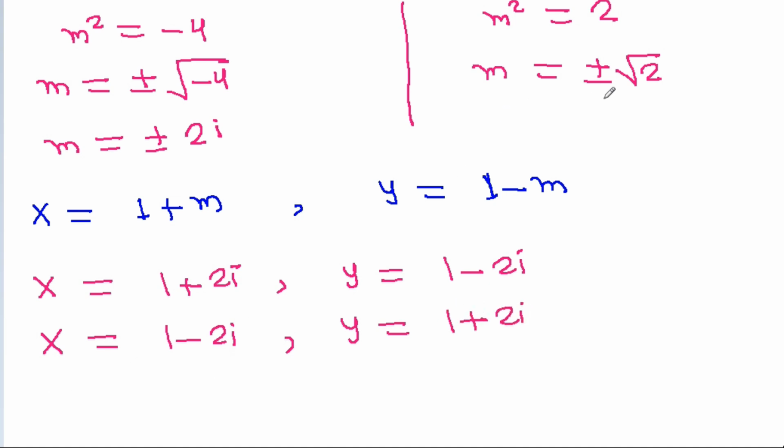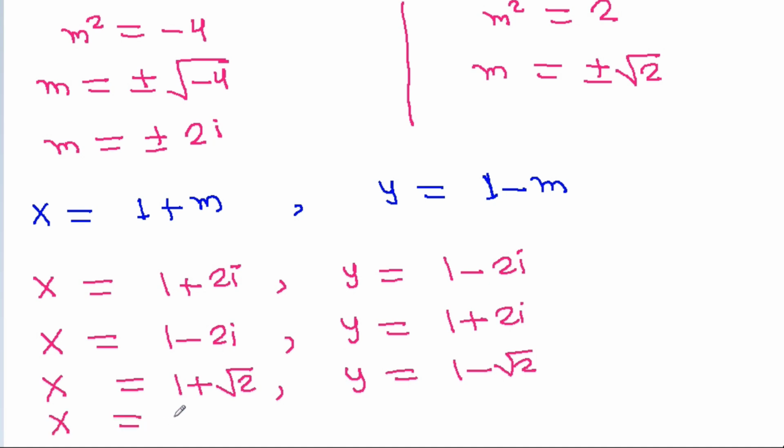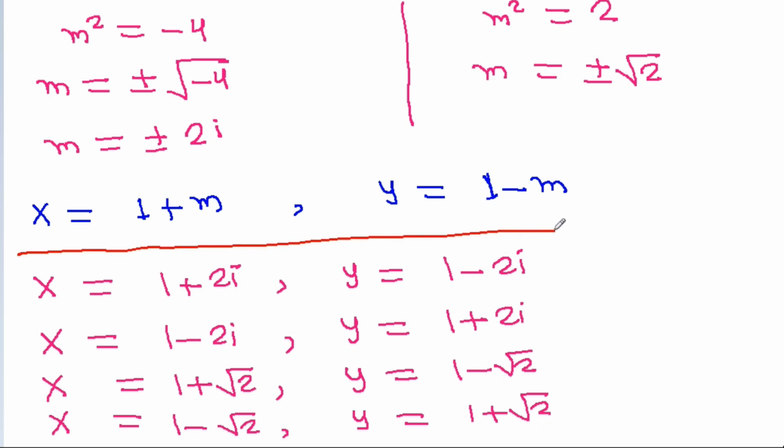And if m is root 2, then x will be equal to 1 plus root 2 and y will be equal to 1 minus root 2, and if m is minus root 2, then x will be 1 minus root 2 and y will be 1 plus root 2. So by this method also we get 4 values for x and y.